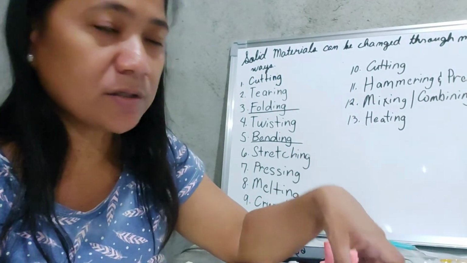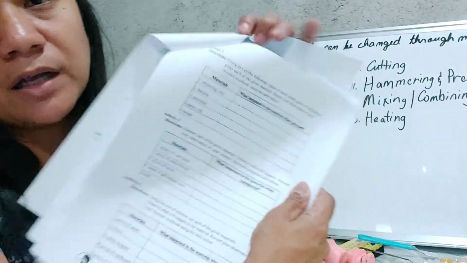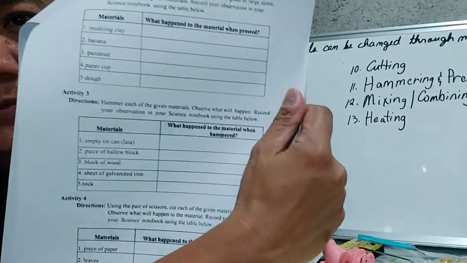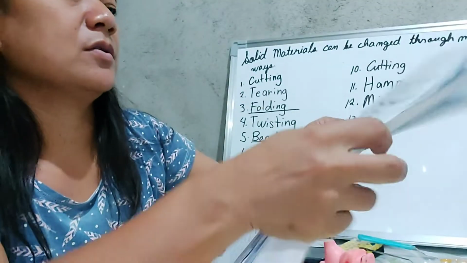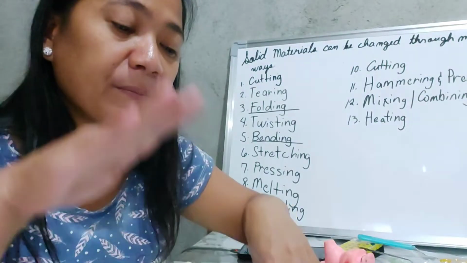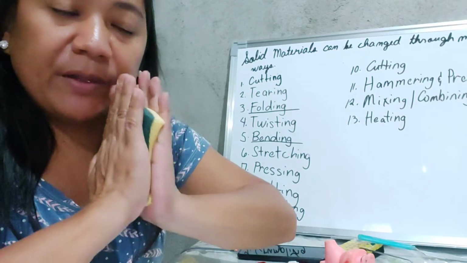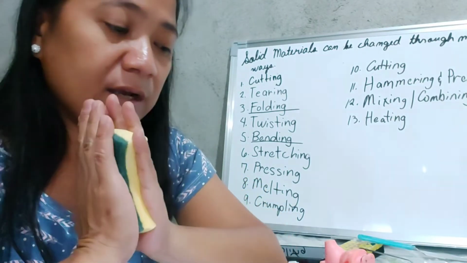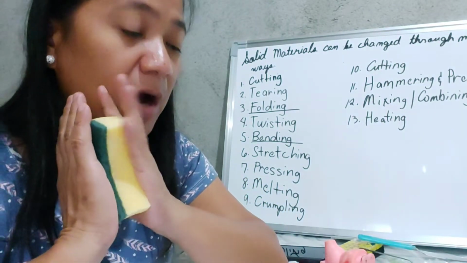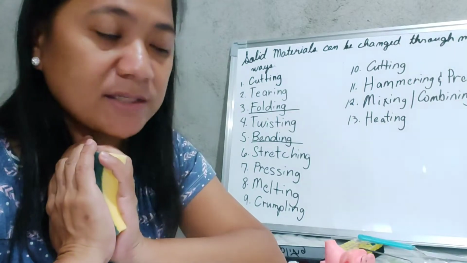Activity 2 is also an experimentation. Ito po siya. So, ano mangyayari kapag pinress natin, nagawa na po natin kanina, pinress natin yung mga sumusunod na materials dyan. Number 1 is the modeling clay.